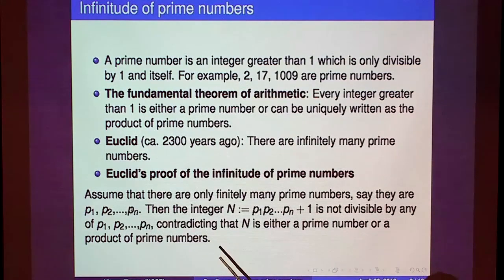That's a contradiction. So either it is a prime number, but it cannot equal any of those on the list, or it has a prime factor which is not equal to P1, P2, up to Pn. So we cannot have only finitely many prime numbers. That's Euclid's proof.